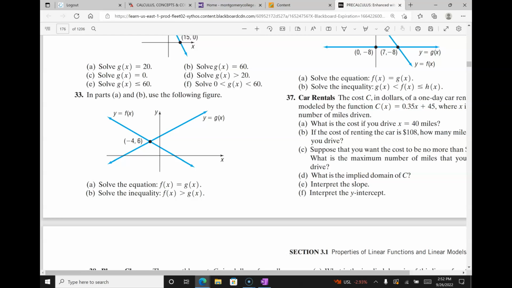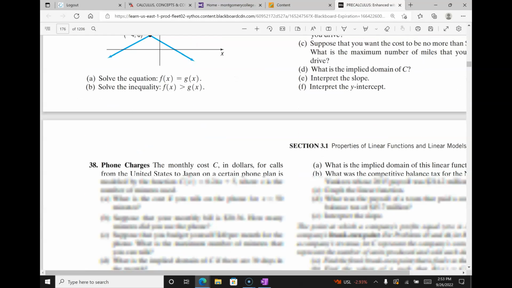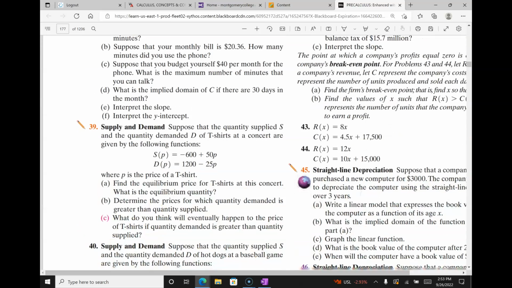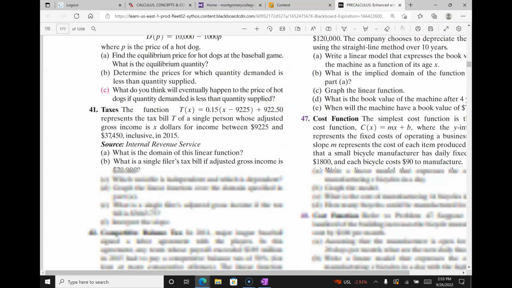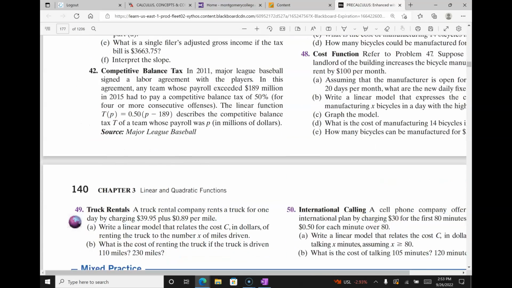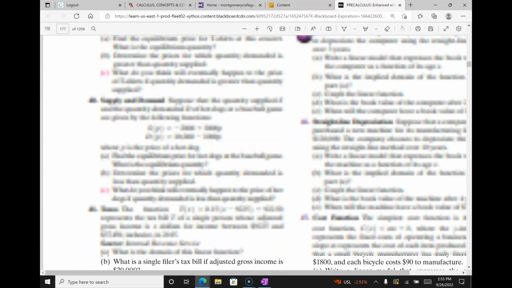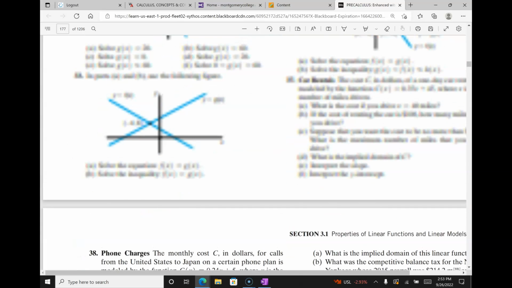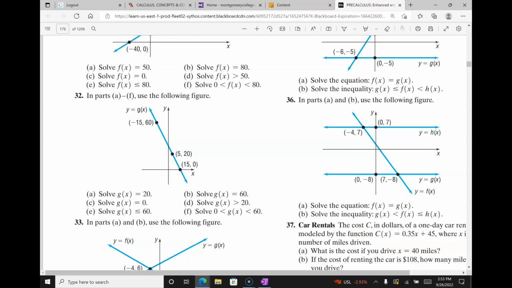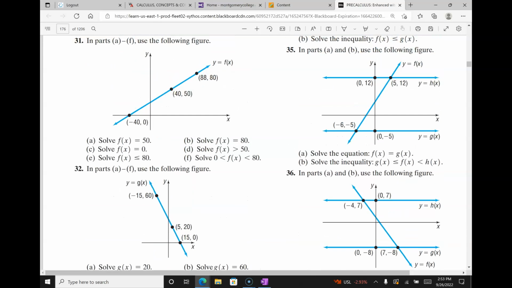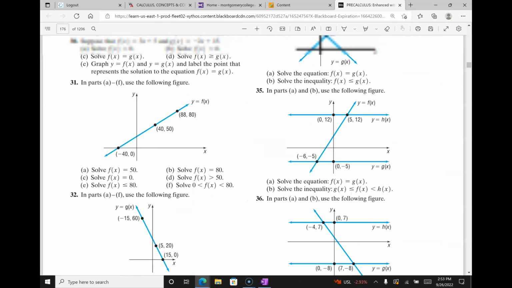So in this particular case, 33 is interesting. I don't remember which one I gave you. You do though, right? You know which one I gave you. So I like the ones with 2 lines. Which one did I give you?